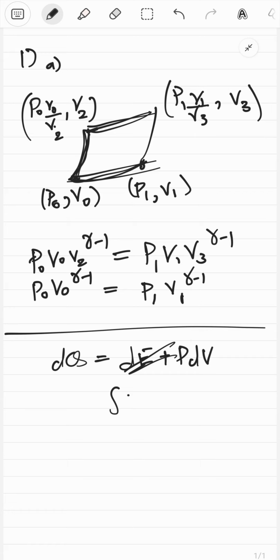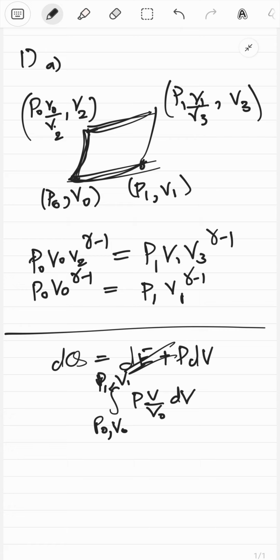So let's say integration of pdV, going from p0 v0 to some other thing, p1 v1, like anything really. Right, so it obviously has to be that p0 v0 is equal to p1 v1. So you can write this p as changing with respect to v, so p0 v0 upon v, in terms of dV, right? Yes, I suppose that's correct.